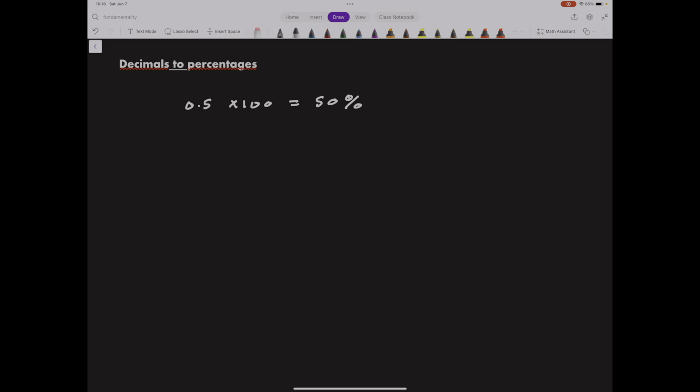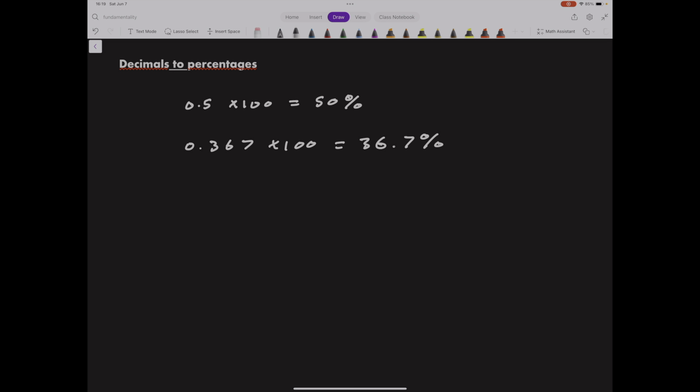It works for more complicated looking decimals as well. They can be however long you want. It works for anything. Just shift it along by 2 spaces. Yes, there can be a decimal in the percentage as well.